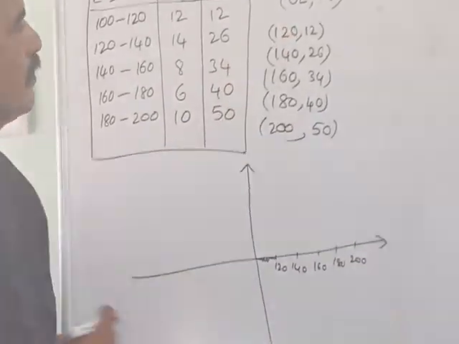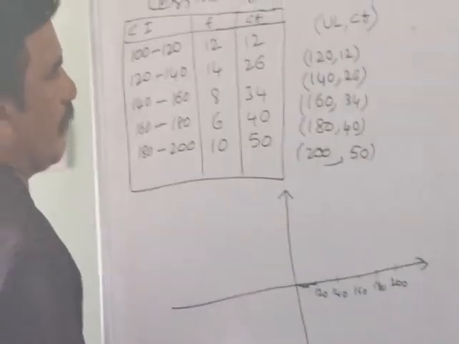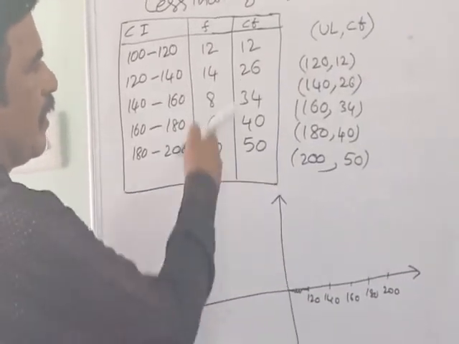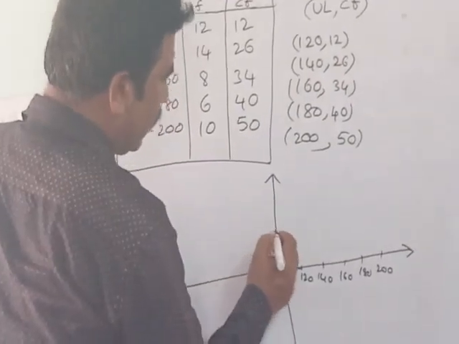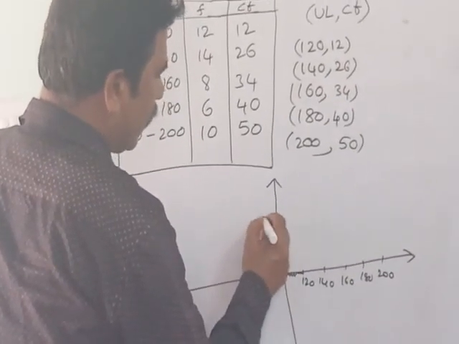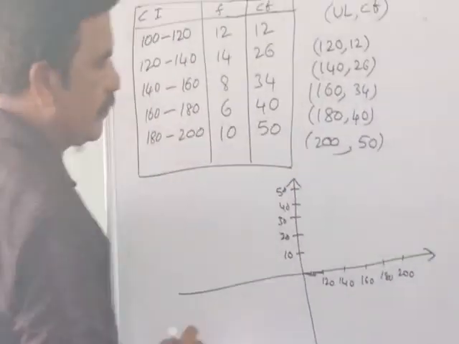See, Y values 12, 26, 34, 40, 50; maximum is 50. Therefore, take 10 intervals: 10, 20, 30, 40, 50.